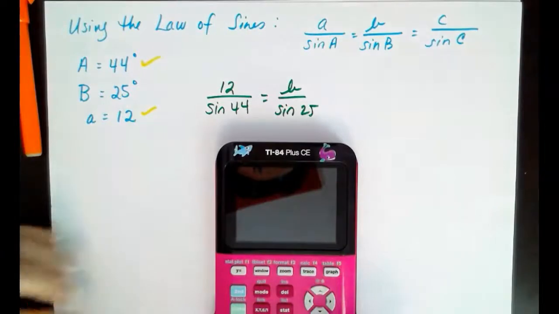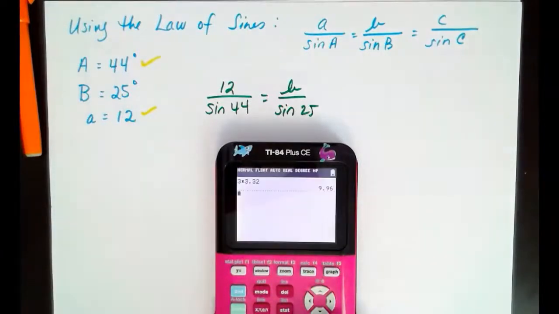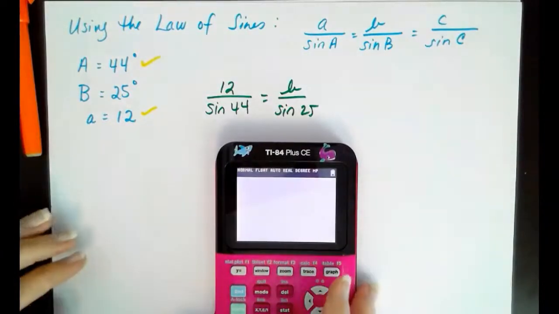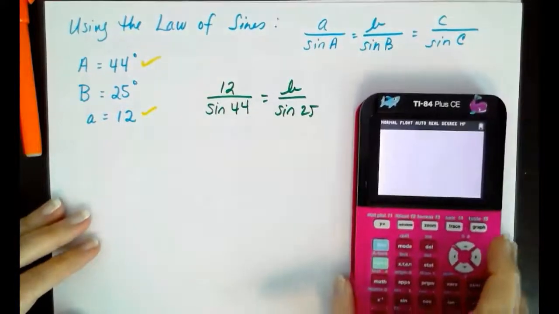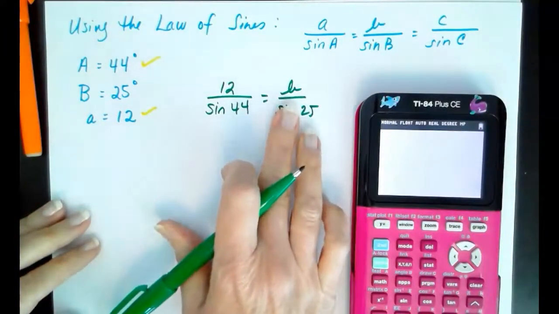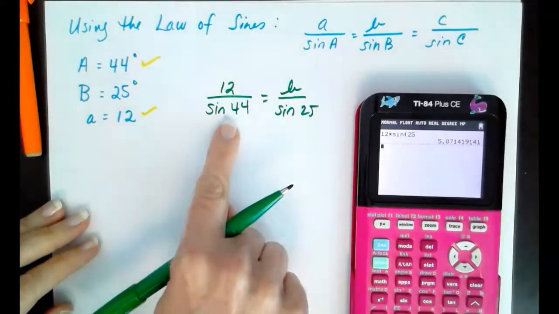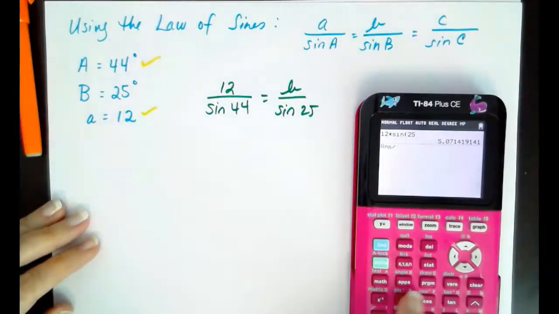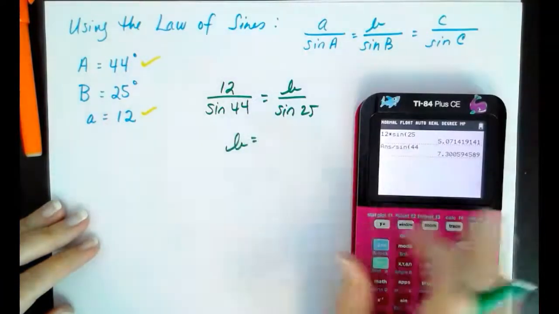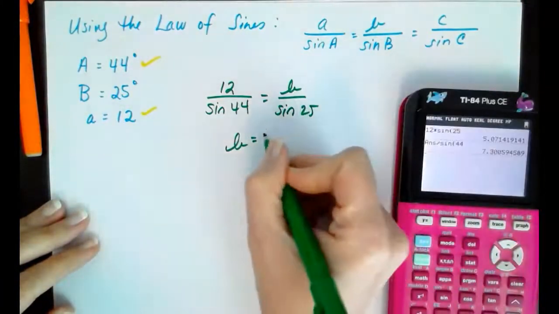Now remember that we're entering in degrees here, so we have to be in degree mode. So I'm just going to cross multiply in order to solve for b. So 12 times sine 25 divided by sine 44. And that tells me that little b is 7.3.